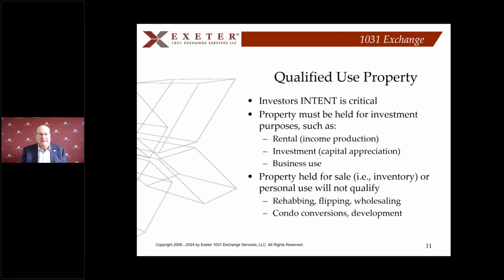You did intend to hold it as rental investment property, and then later you changed your mind and decided to convert it to some other use. So the length of time helps prove intent, but it's not the determining factor. So be careful there.